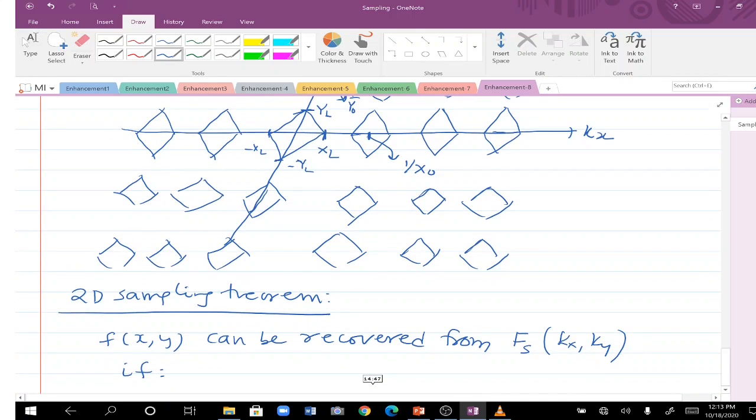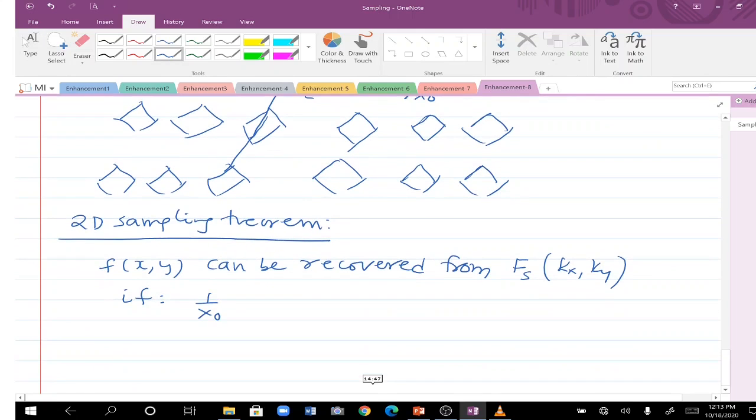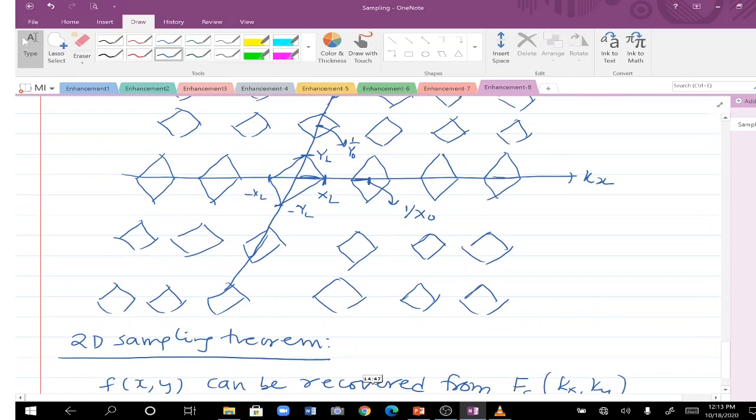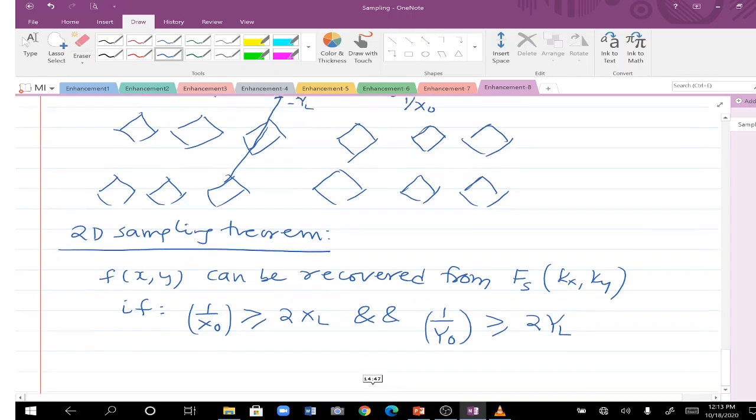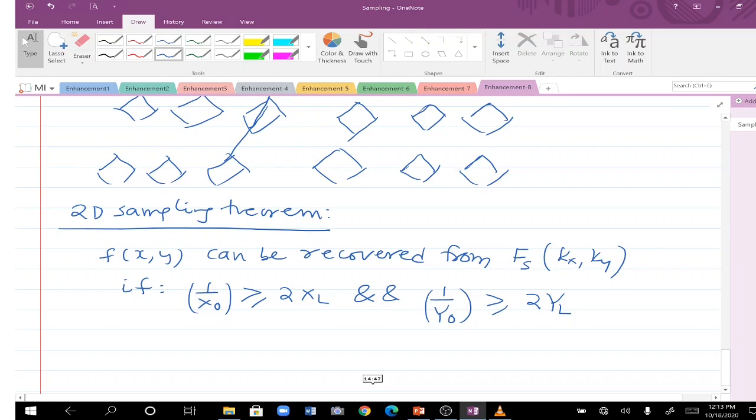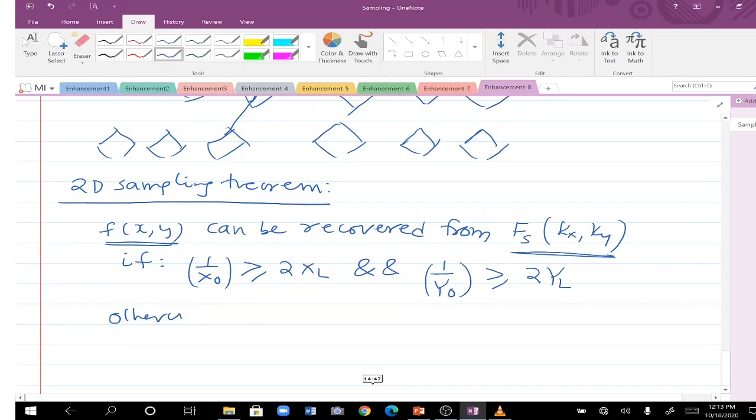You could see this length is xl, this length is xl, so 1 by x naught should be greater than or equal to 2 times xl. Also here the placement is at 1 by y naught, the next copy, both positive and negative, so that should be greater than or equal to 2 times yl, right? Both conditions have to be satisfied, then you could recover f of xy from the Fourier spectrum of F_s of kx comma ky. Otherwise, as usual, there is aliasing, right?